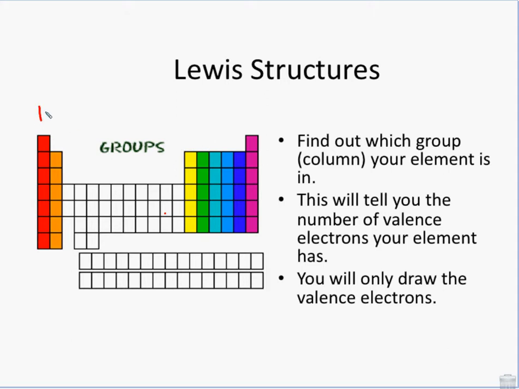The 1A, 2A, 3A, 4A, 5A, 6A, 7A, and finally 8A. We've looked at some of those, and we've named them too: alkali metals, alkaline earth metals, and so on and so forth throughout there.